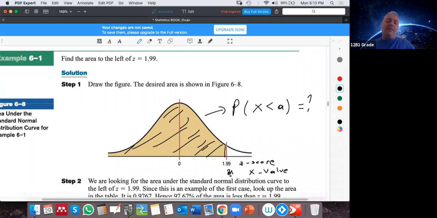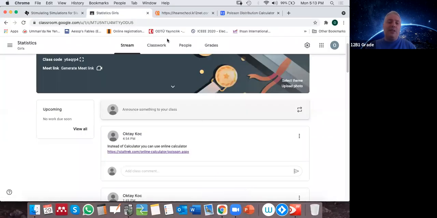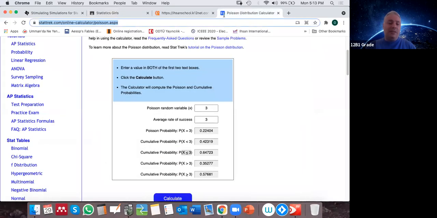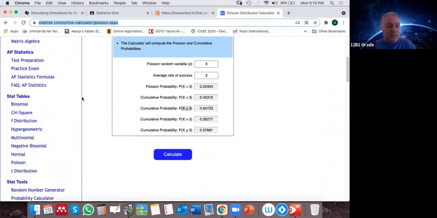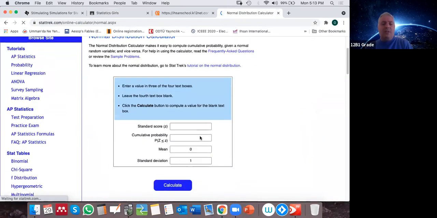And then how can I find this? I can use the graphing calculator, or I can use this online website I just told you about. Where was it? Let's check. It must be here. Normal. Okay, when you click the normal distribution, for example, standard z score, put it here, 1.99.